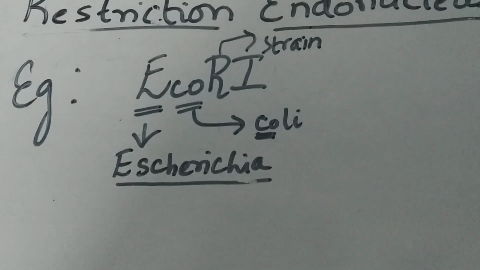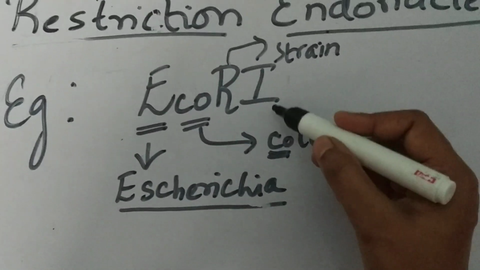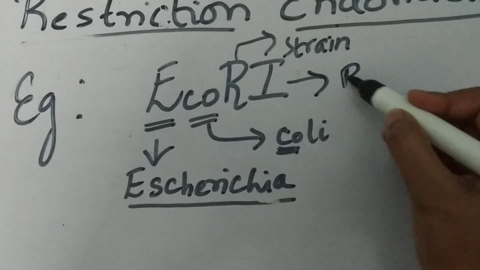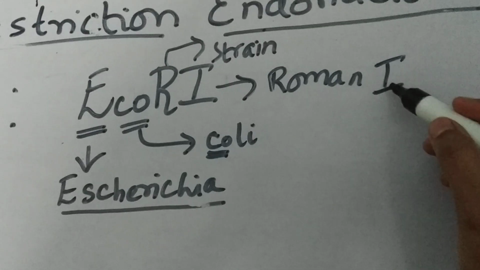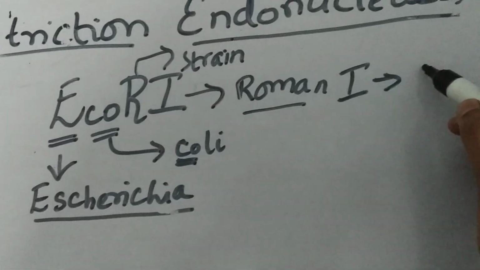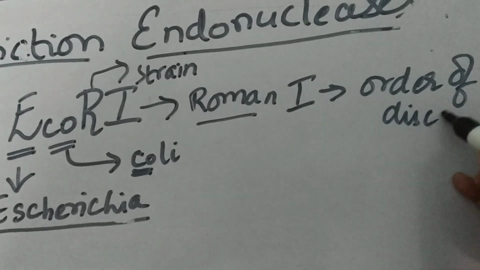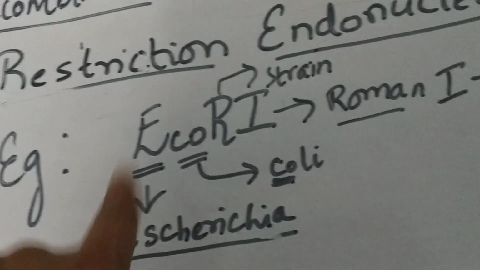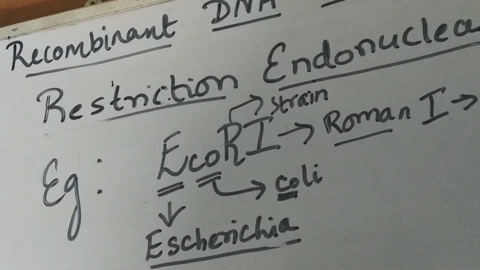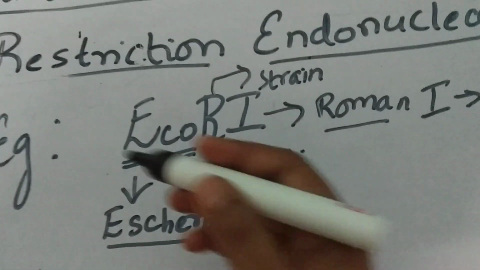Okay, there are different strains of bacteria available, and this one has been taken from the R strain, and this is Roman numeral 1, where 1 is the order of discovery. In the sense, this was the first endonuclease that was discovered in this particular bacteria, so it's called 1. Afterwards another one was discovered, it was called 2. Okay, so how is it named?